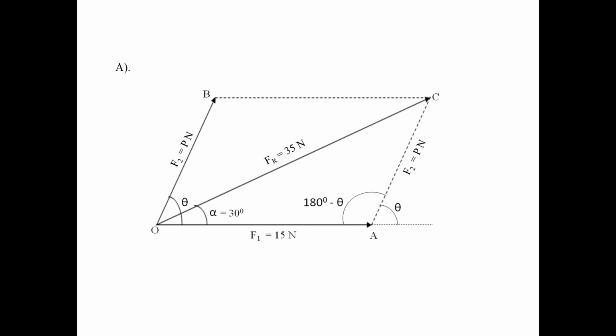The resultant force Fr makes an angle of 30 degrees with the force F1. Then in the parallelogram OABC, take the triangle OAC. Side OA is F1, 15 Newton, side AC is F2, P Newton, and side OC is Fr, 35 Newton.